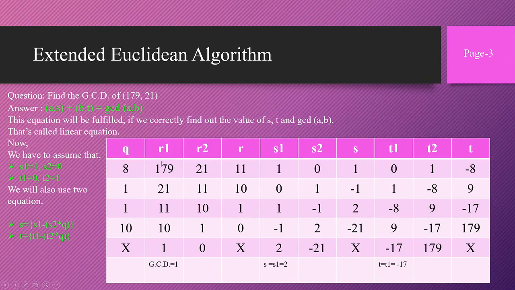So here the final value of R1 will be our GCD, and we will update the value of S as S1, which is 2, and then we will update the value of T as T1, which is minus 17.